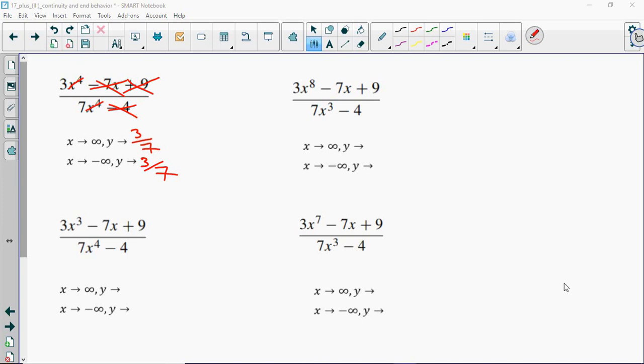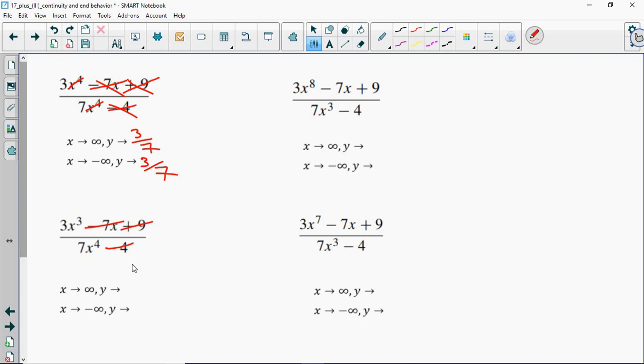Now let's look at the bottom left. Same idea. I really don't care about this 9. I really don't care about this negative 7x. I really don't care about this negative 4. Because when x is a super, super big number, positive or negative, these first terms are going to be so much larger than the other ones next to them that I might as well just ignore them.